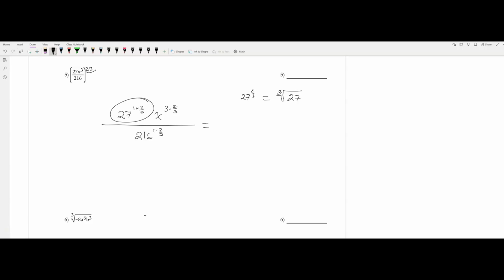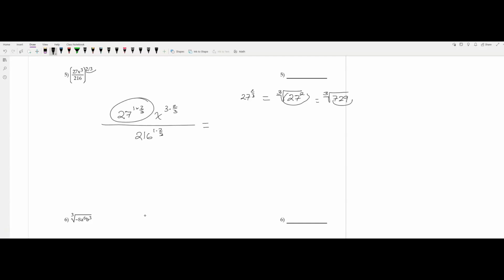So it's going to be the cubic root of 27. But there are different ways that you can write it. Let's do it the way I've done it before. I put 2 here, which means I'm going to have to evaluate 27 to the power of 2, which gives me a big number. 27 to the power of 2 gives me 729, and the cubic root of 729, which is fine.